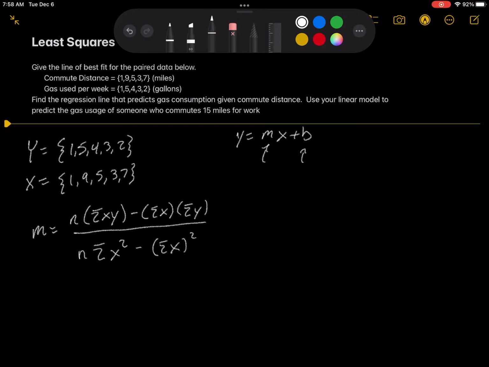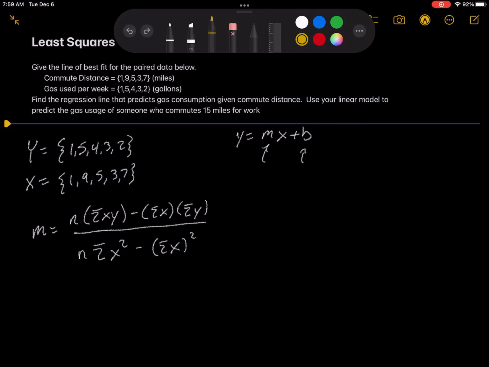If you already know your correlation coefficient, you can note that this numerator is the same numerator as your correlation coefficient. So you don't have to reinvent the wheel. You don't have to find that numerator again. You should already have it. And this denominator is also present in your Pearson correlation coefficient equation. So if you already did your Pearson correlation coefficient, then solving for m is quite straightforward. You really only have to perform this new division because you already have your numerator and your denominator.